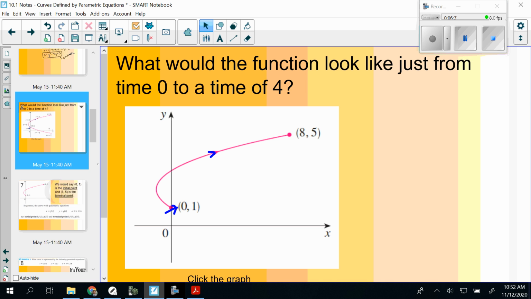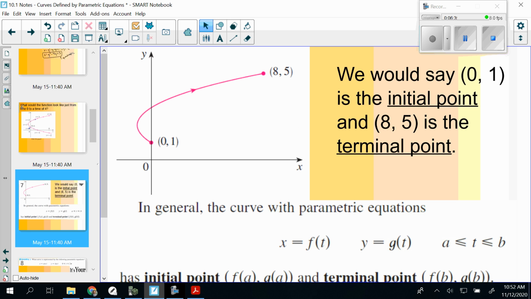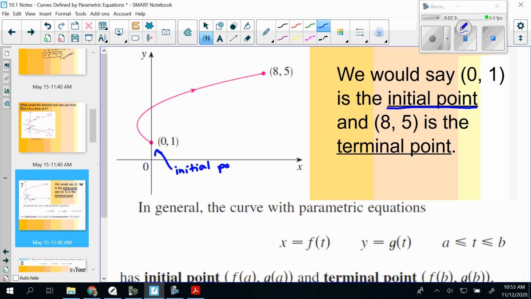Some final terms that you're going to hear when graphing parametric equations is your starting value and your ending value have a name. The starting value is called your initial point. So this one where we just graphed from a t of 0 to a t of 4 would look like this. So this would be our initial point, and that's at t of 0.